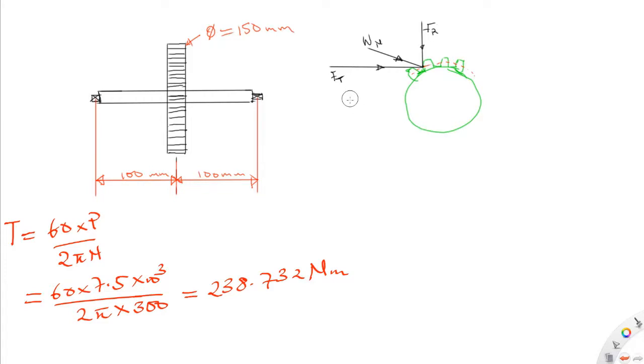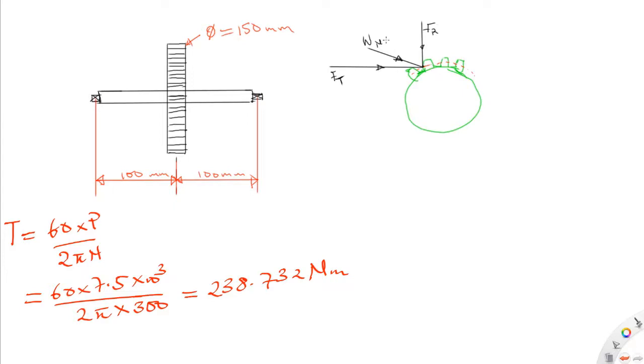All right, because we know that the torque is equal to the force, which is the tangential force, times the radius. All right, so this Ft is what will bring the torque, and this Ft is tangential to the pitch circle.